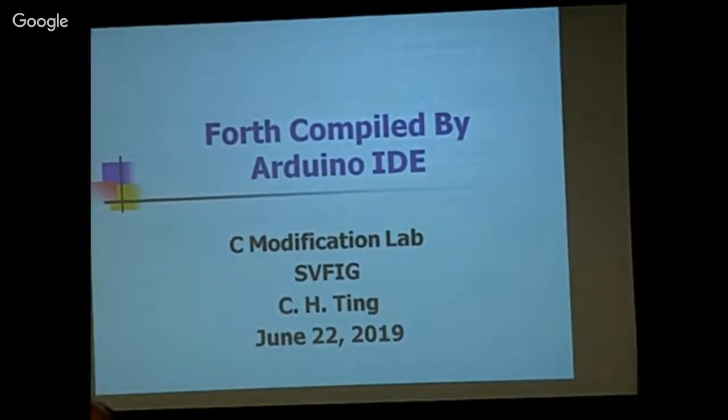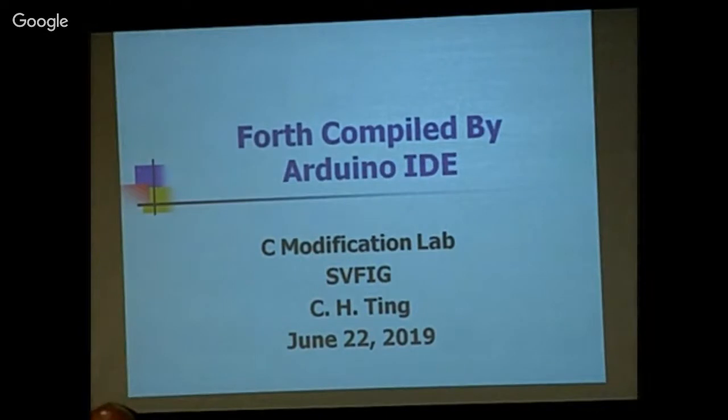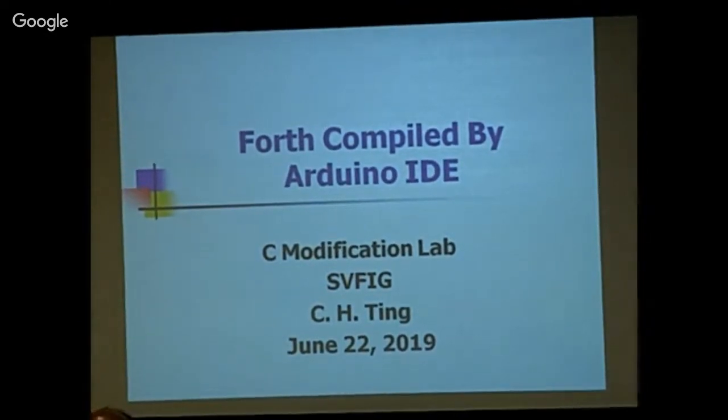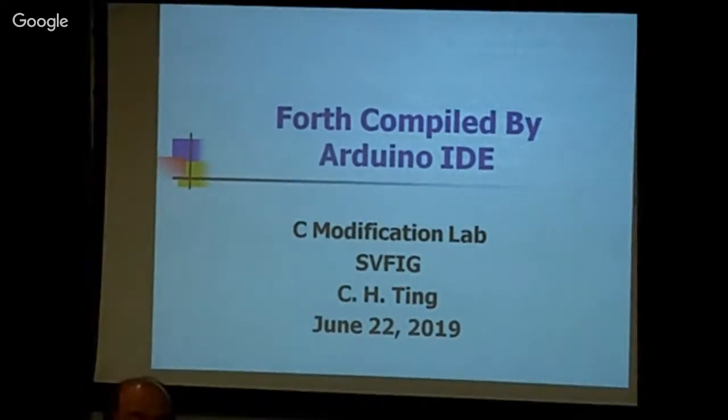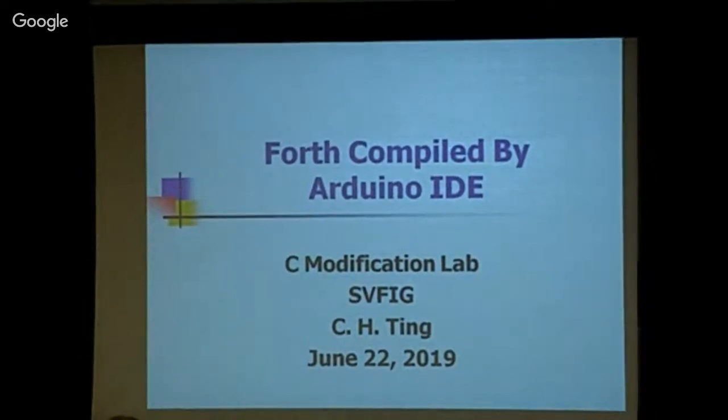But this morning, what I'll be talking about is mostly C. So I thought this is a C modification laboratory. I'm not really going down to the bottom of the C compiler, but I think there are lots of shortcomings in C that we can fix in order to achieve what I might want to do, which is to compile a complete Forth with C.